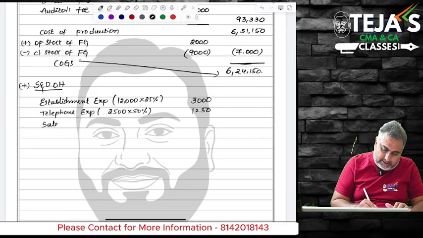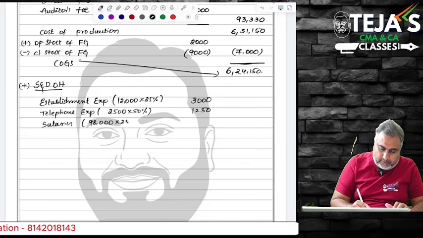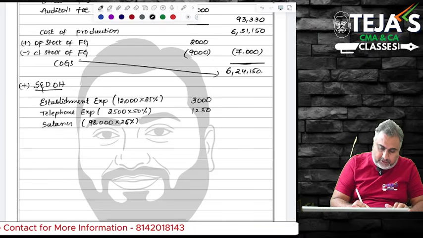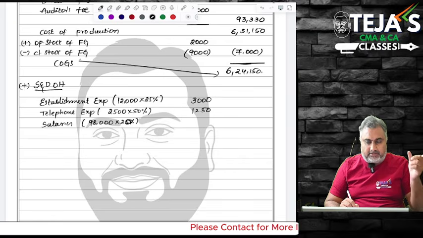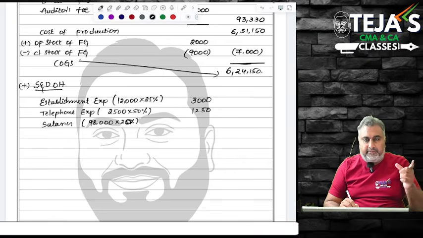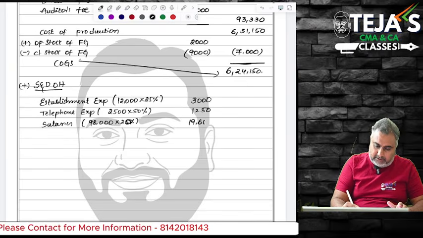Then salaries, 98,000 into 20%. 20% belongs to factory, 60% belongs to administration, another 20% belongs to sales. So 19,600.